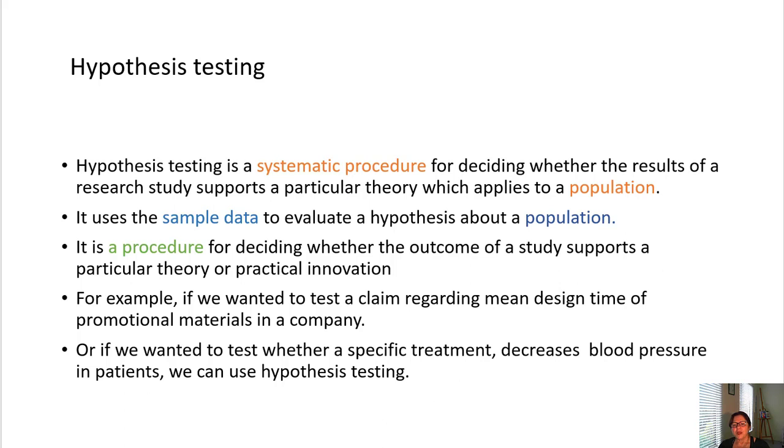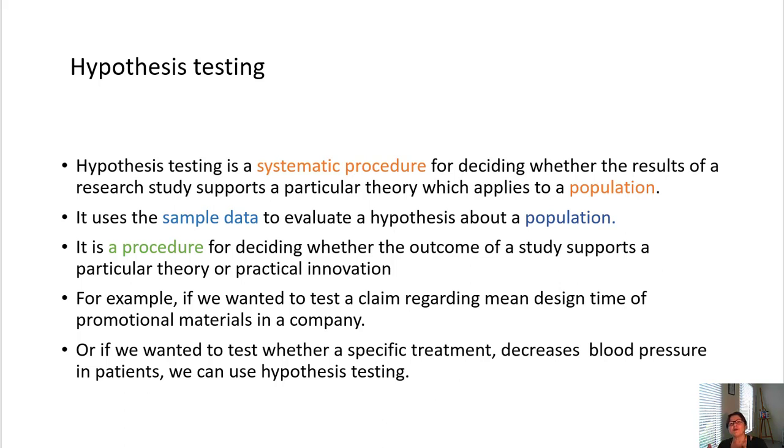For example, if we want to test a claim regarding the mean design time of promotional materials in a company, we can use hypothesis testing. Or if we want to test whether a specific treatment decreases blood pressure in patients, we can use hypothesis testing.